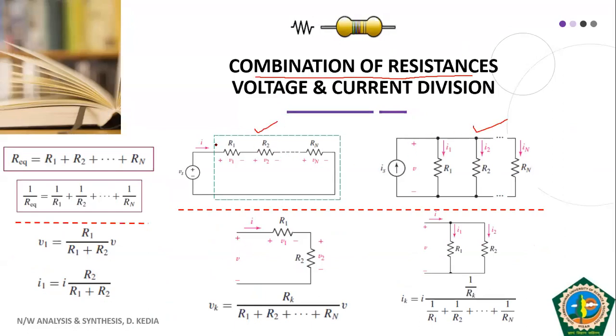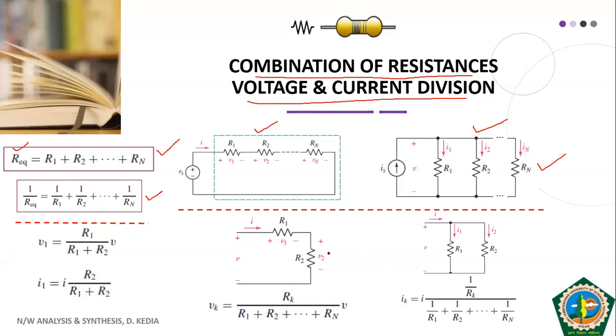If we have resistances in series, we simply add them and get an equivalent resistance. If we have resistances in parallel, then the equivalent value is obtained by reciprocating the values of the resistances and then adding them together. Next, just to revise your concepts, we have voltage and current division.